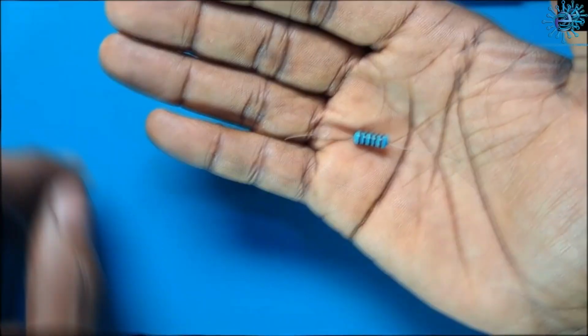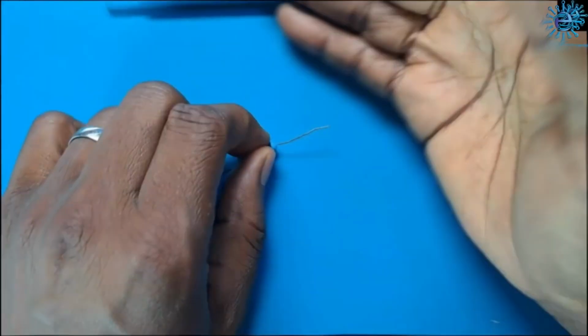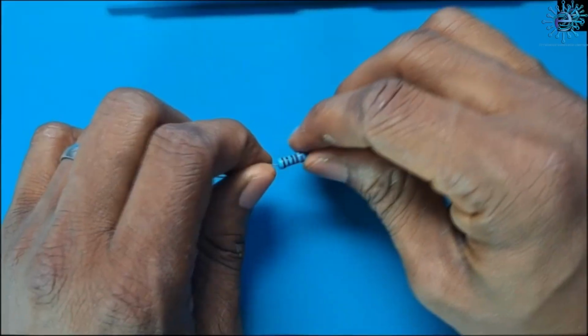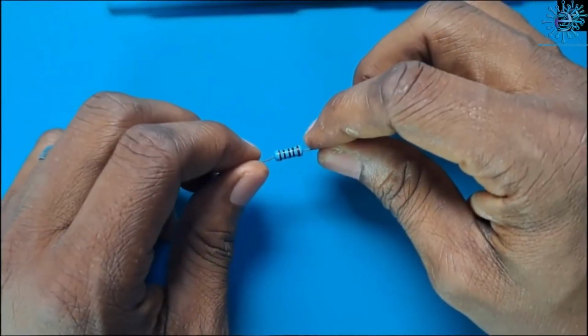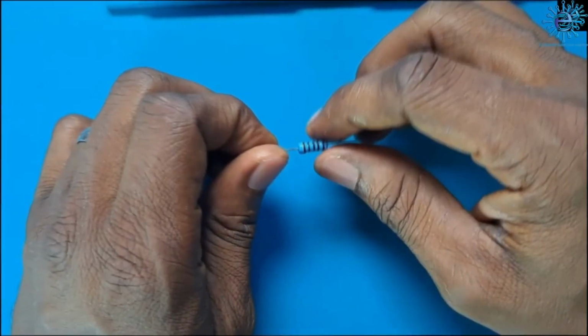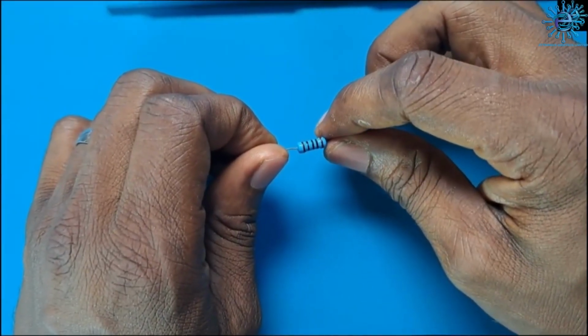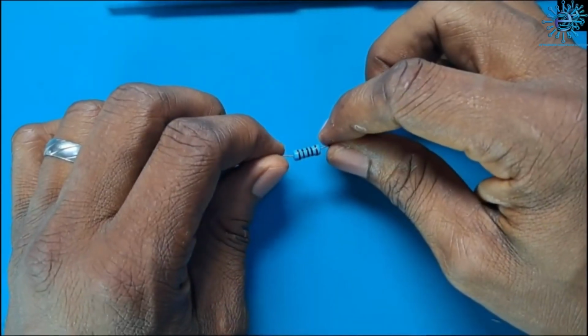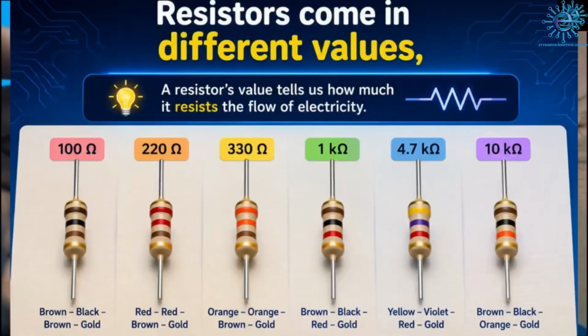Because a resistor resists electricity, we say that a resistor has resistance. Without a resistor, too much electricity can damage our LED, and that is what we don't want to happen with our projects. Resistors come in different values. The higher the resistance of a resistor, the more electricity it will resist in a circuit.